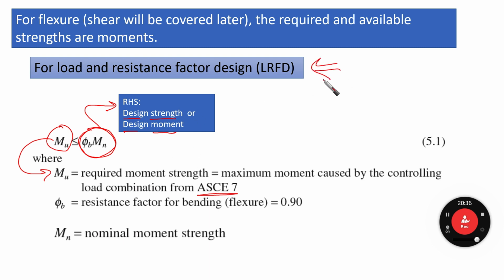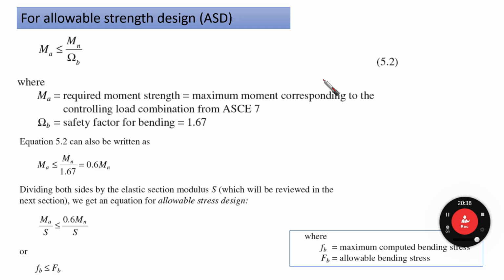Now let's go to ASD. For allowable strength design, ASD, it's very simple. We are going to have the same equation. On the left-hand side, it is the required moment strength, which equals the maximum moment corresponding to the controlling load combination from ASCE.